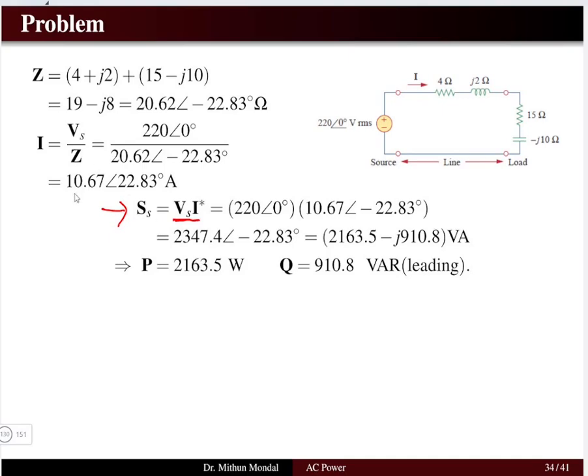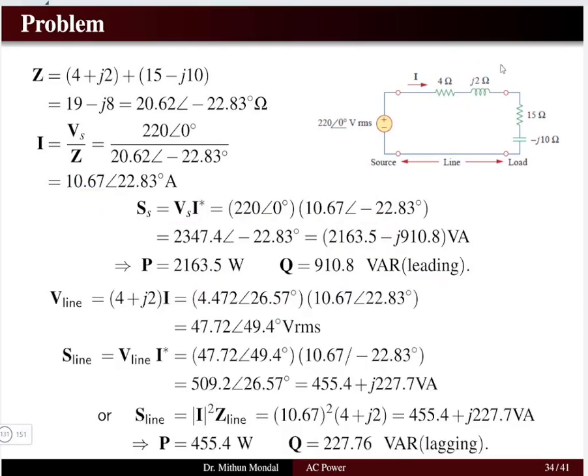We just take the conjugate of the current and multiply it with the phasor form of the voltage, and we get the complex power in polar coordinates. Convert that into Cartesian rectangular coordinates, and you get the real power and the reactive power of the source. Since we have a negative sign in the reactive power, the load is at leading power factor.